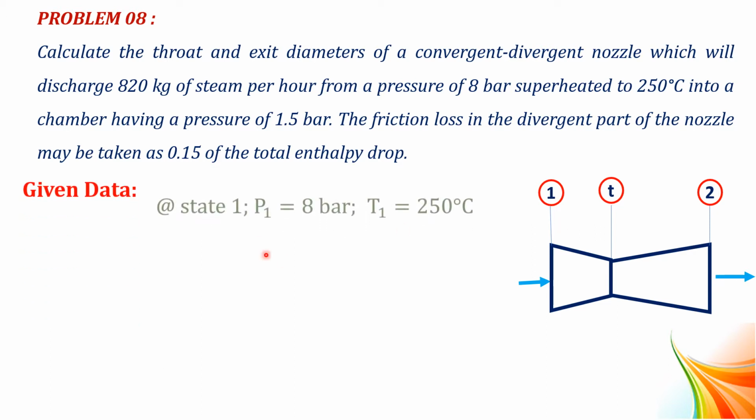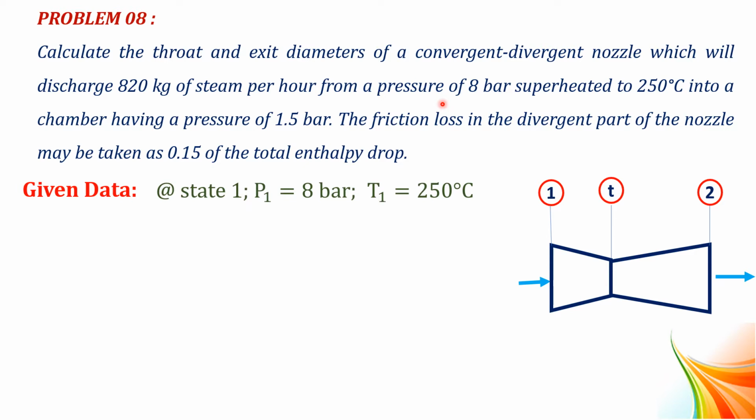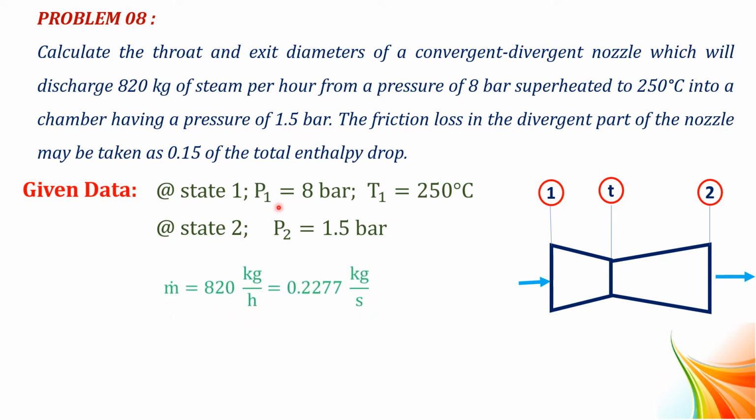So at the inlet of the nozzle the pressure is 8 bar and superheated to 250 degrees centigrade. So the pressure at the inlet section P1 equal to 8 bar and temperature T1 equal to 250 degrees centigrade. And at the exit the pressure is 1.5 bar, so P2 equal to 1.5 bar.